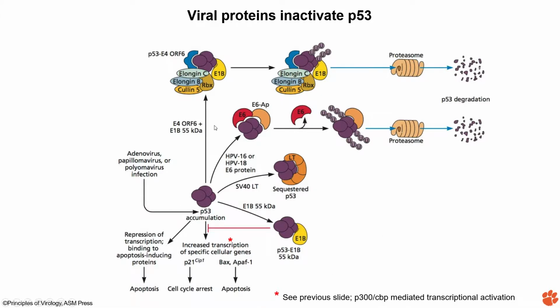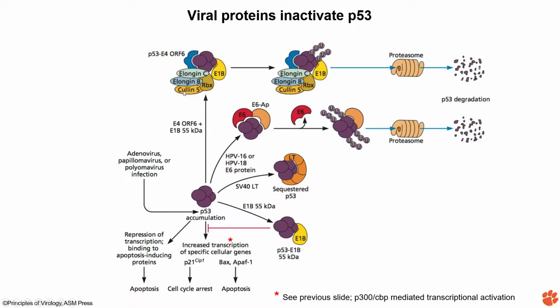Again, a very complex slide, but that is really not what is needed. Think about adenovirus, papilloma, polyomavirus infection, where you have p53. Just know the mechanisms. One of these is E1B, and take a look at E4ORF or E1B. These are proteins from the adenovirus. These recruit a ubiquitin ligase.